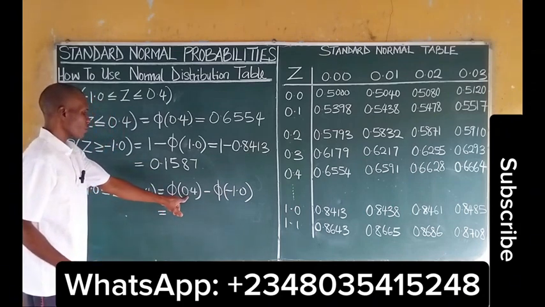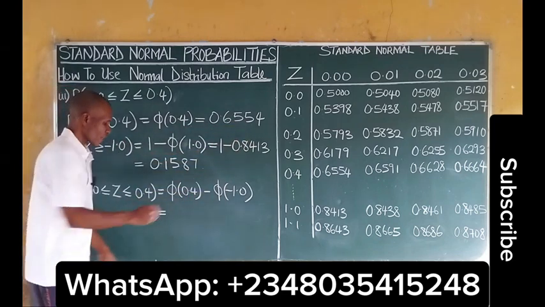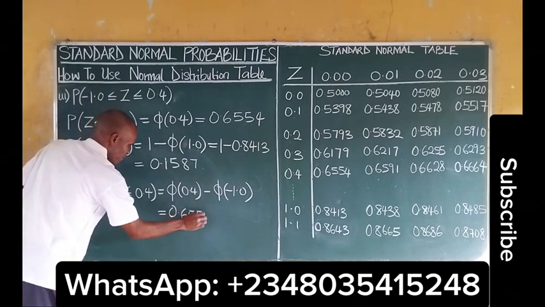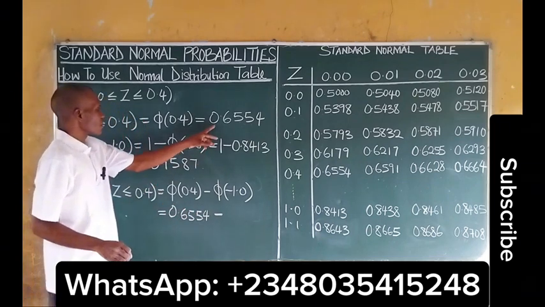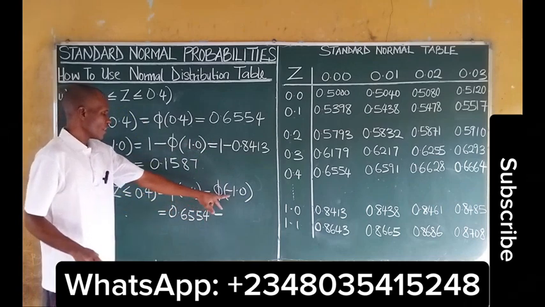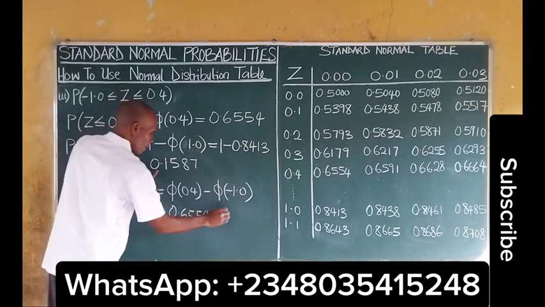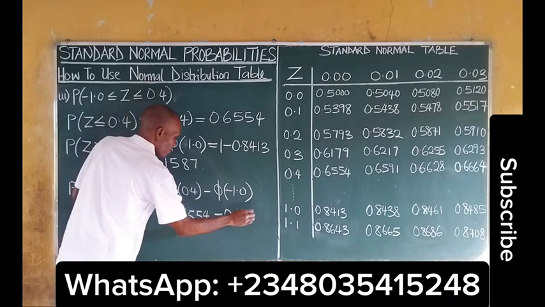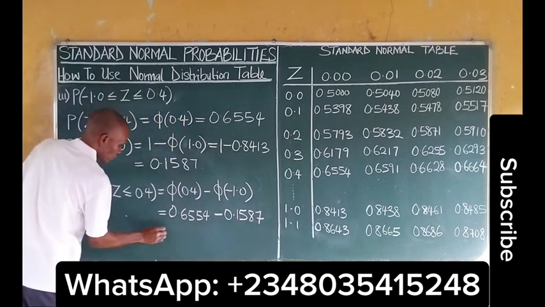So what did we get for 0.4? 0.4, we got 0.6554 minus, what did we get for negative 1.0? That means for 1.0, we have 0.1587. That's what we got.